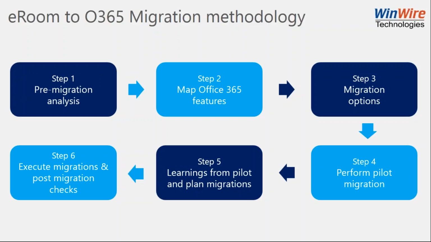Which container you need to choose from SharePoint to do this migration, whether it's a site collection or a site or a document library or any other level, right? Then there are various migration options, including some of the tools as well as the custom migration approach. So we'll talk about that.